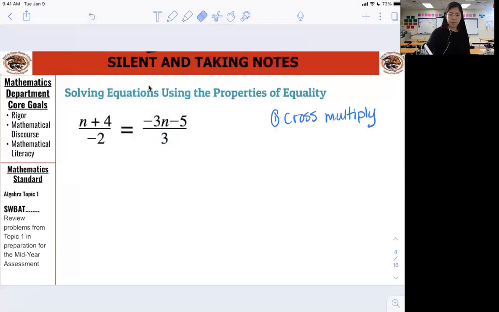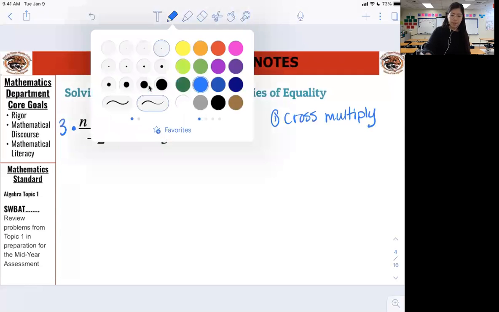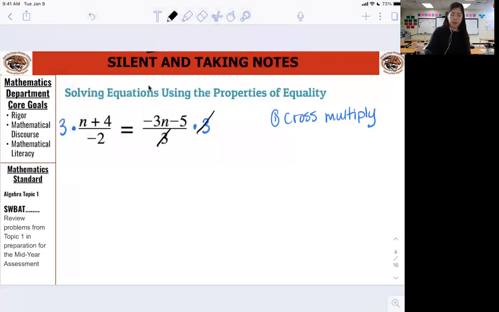So if I wanted to get rid of that 3, the opposite is to multiply. So what I would do is I would multiply by 3 on the right side, but since I'm multiplying by 3 on the right side, I also have to multiply by 3 on the left side. And what happens is that denominator cancels out. So now I have 3 times n plus 4 over -2 equals -3n minus 5.